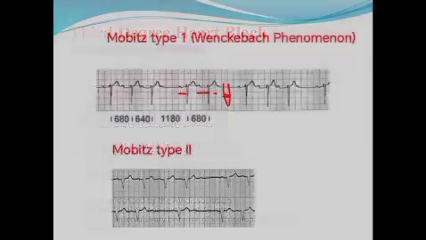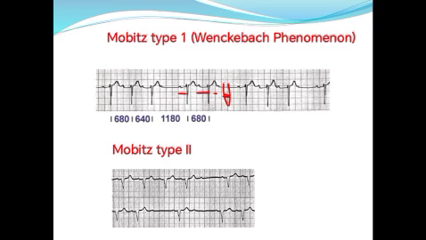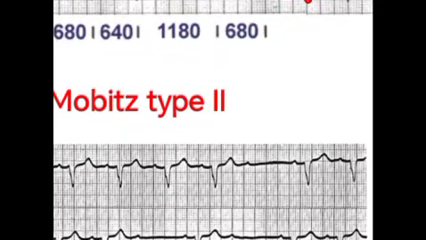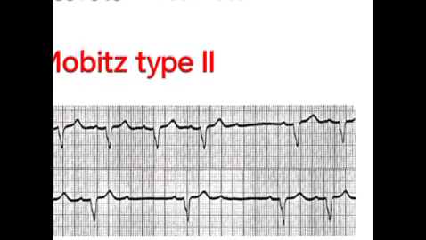For Mobitz type 2, it does not occur like that. There is no progressive prolongation of the PR interval. The PR interval is normal and the same, but there is intermittent blockage. We have a P wave but no QRS complex. This is the difference between Mobitz type 1 and type 2.